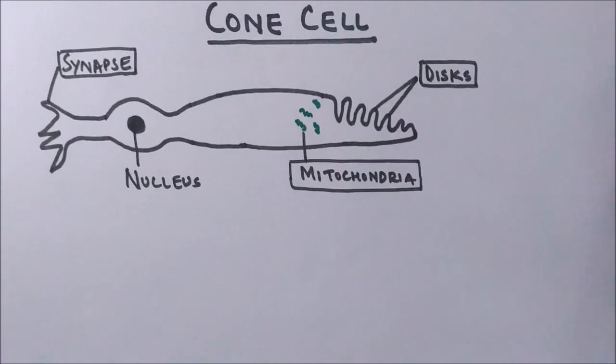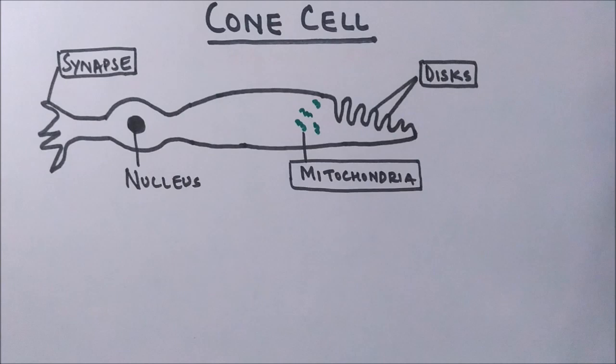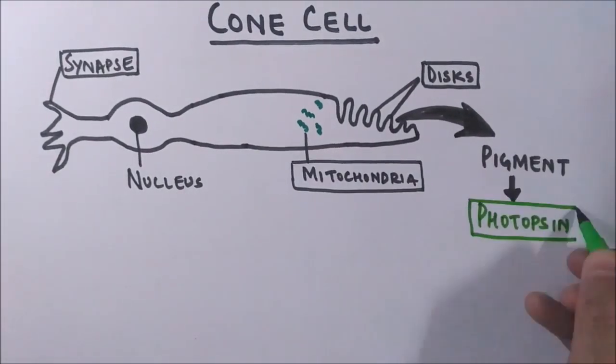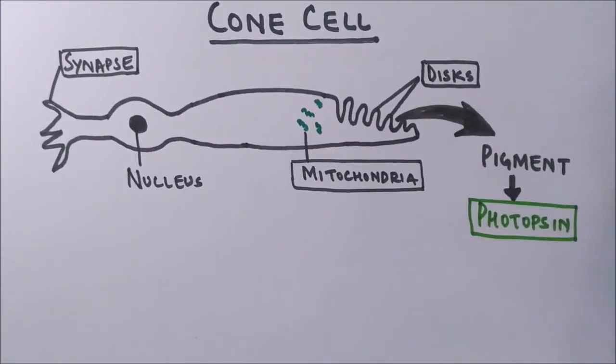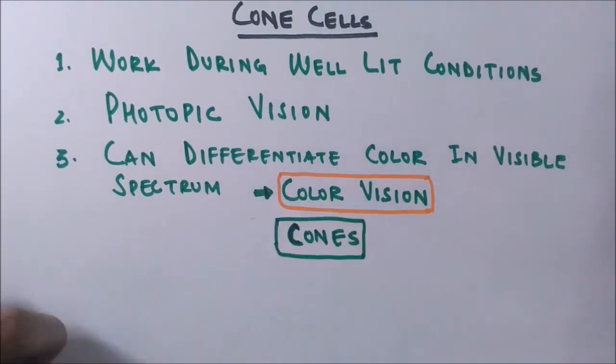Now there are three types of cone cells: the S cells, M cells and the L cells. There is a pigment known as photopsin in the cone cells, and these cone cells are responsible for color vision and photopic vision.